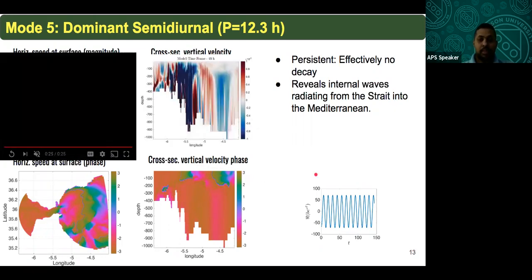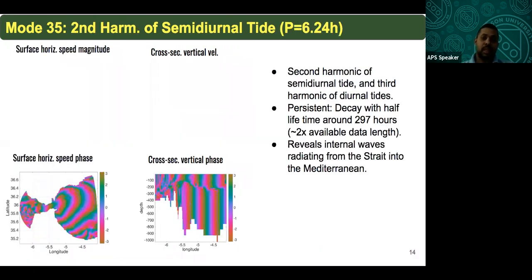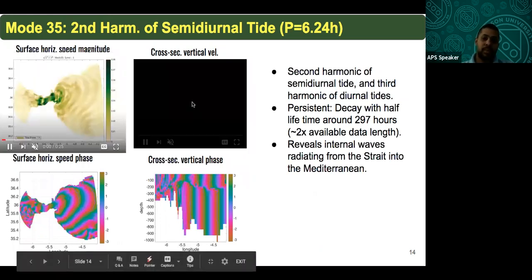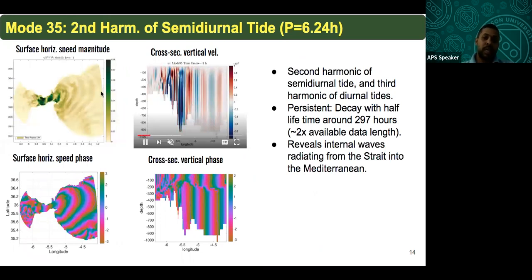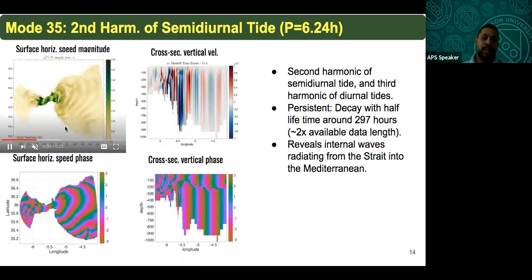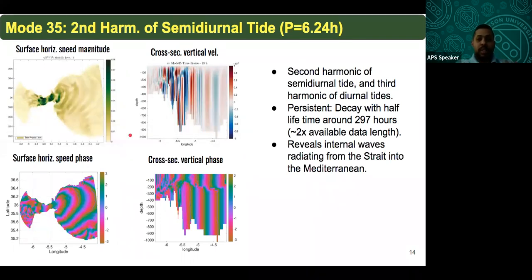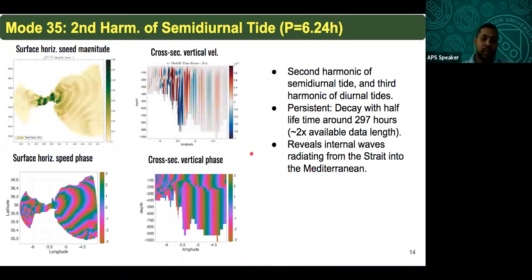Next, let's move on to the second harmonic of that semi-diurnal mode, which gives further detail about the internal waves. We can clearly see the wave packets in this mode. This is also a persistent mode, and in the phase of this mode we can clearly see those wave packets.